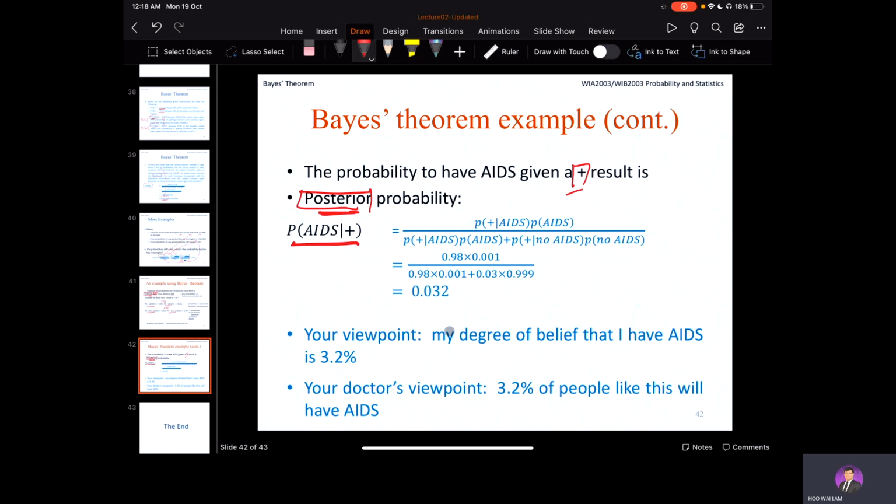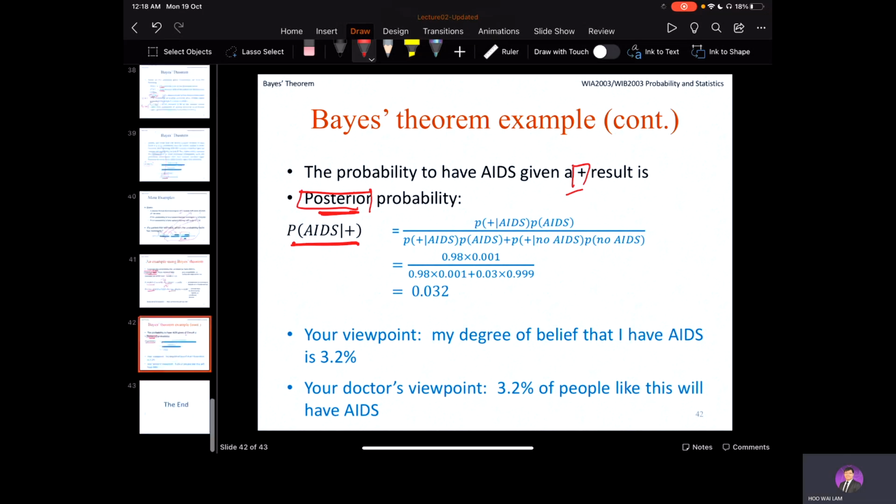From your point of view, it's your degree of belief, because you are one person as a whole. But the doctor has many patients, so they feel that among 100 patients who tested positive, 3.2 of them will actually have AIDS. So the doctor's viewpoint and your own viewpoint are a bit different.